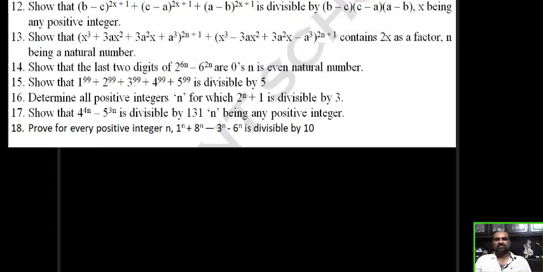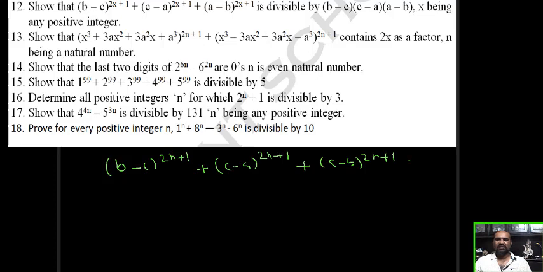So, b minus c whole power 2x plus 1, plus c minus a whole power 2x plus 1, plus a minus b whole power 2x plus 1, is taken as one expression.